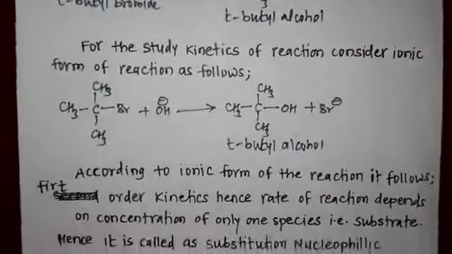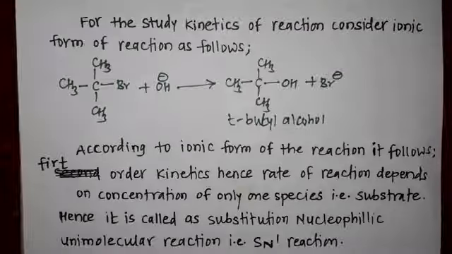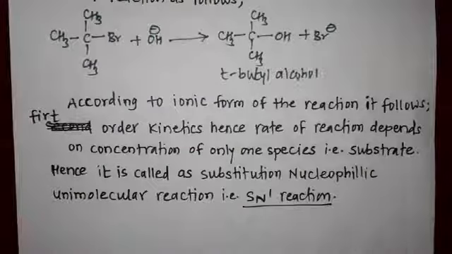Now from the above ionic form we can conclude that this reaction follows first order kinetics, and hence the rate of this reaction depends on the concentration of only one species, and that species is the substrate. This is t-butyl bromide, and hence this reaction is called substitution nucleophilic unimolecular reaction, that is SN1 reaction.